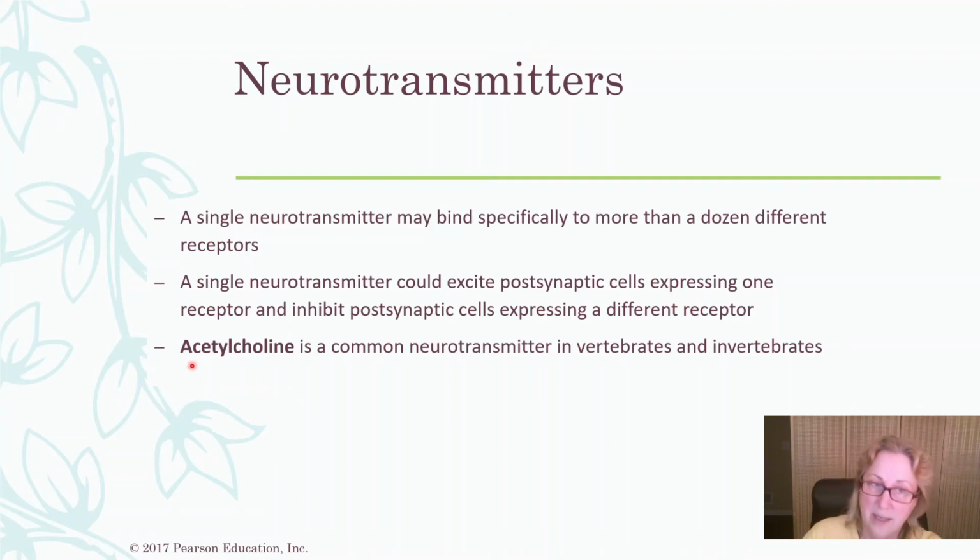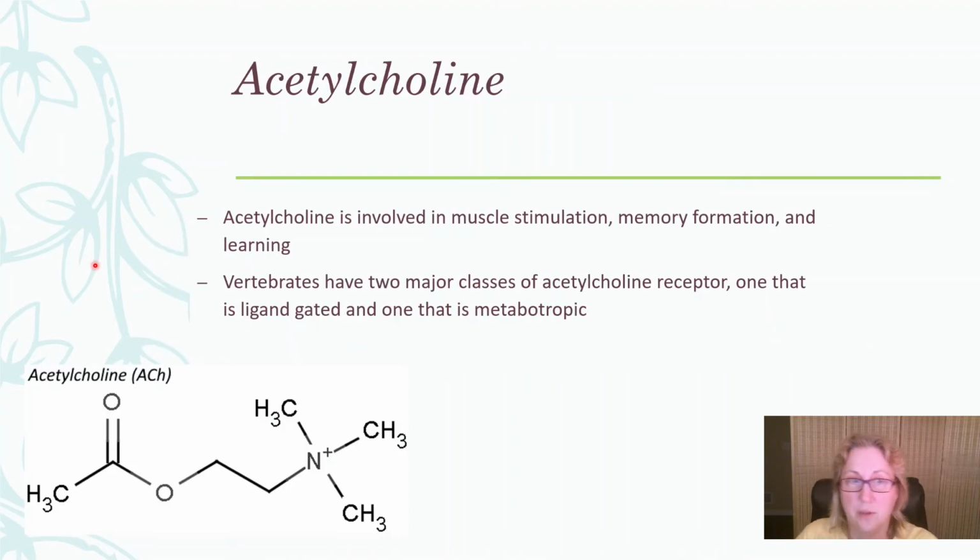So different cells can react to the same neurotransmitter differently just by having a different type of receptor that receives the signal. So instead of having a ligand-gated channel like there is in muscle cells, it could be a different kind of receptor that's going to have a different cellular reaction to the same molecule.